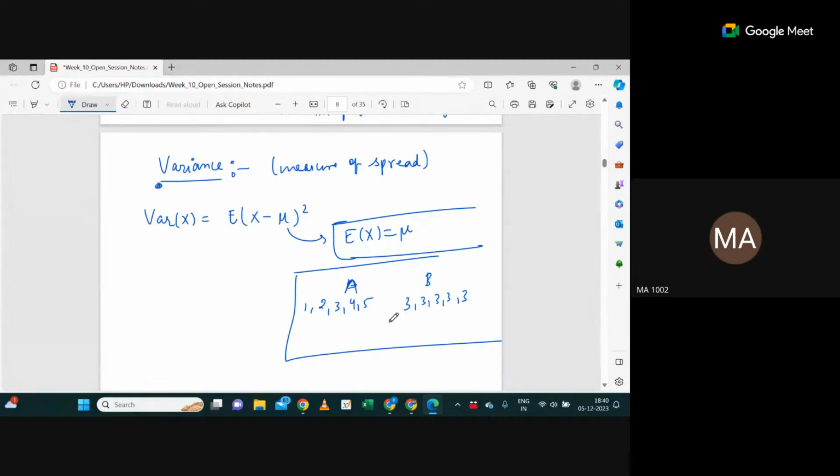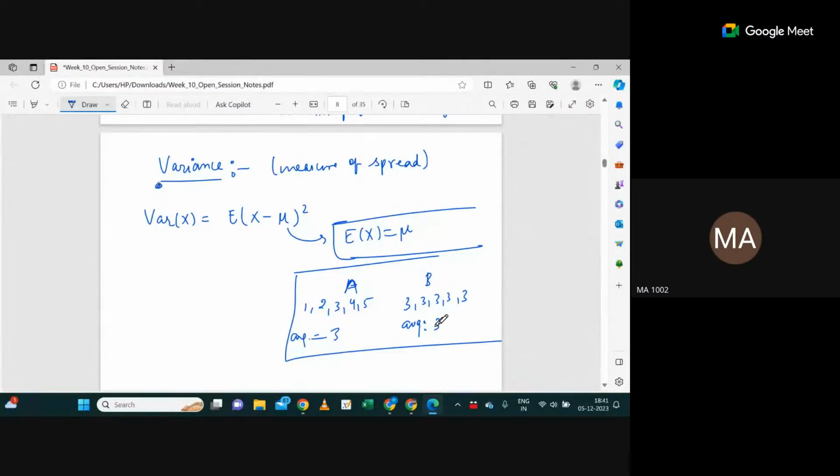Now tell me, what is the average package for University A? 3. What about the average package for University B? Also 3. So on average, both are the same, right?